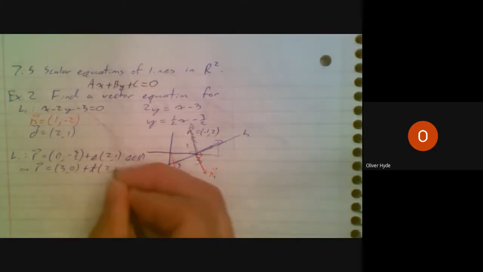For one line's definition, I used (0, -3/2) plus s(2, 1), where s is every real number. And another definition that I used was (3, 0) plus t(2, 1), where t is every real number.